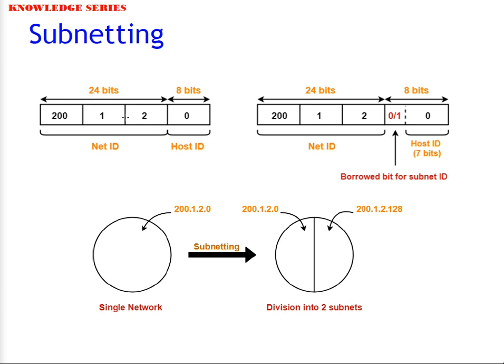Here you have to use subnetting. That means you are trying to create a two subnet scenario. Now for a two subnet scenario, you are going to borrow a bit for the subnet ID. From where are you going to borrow?